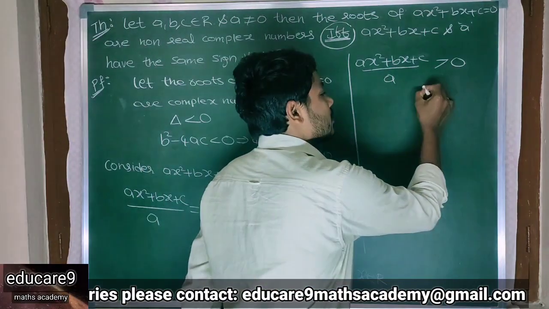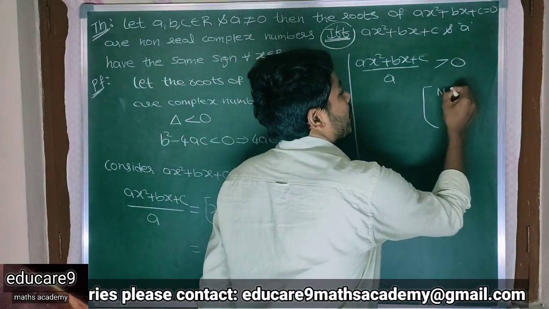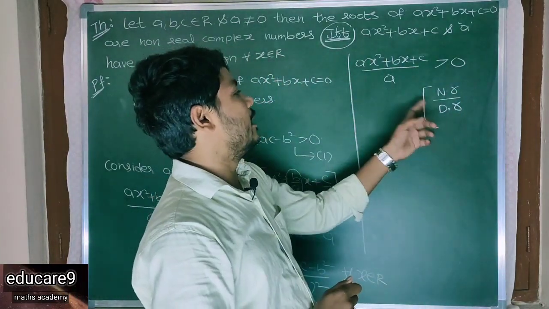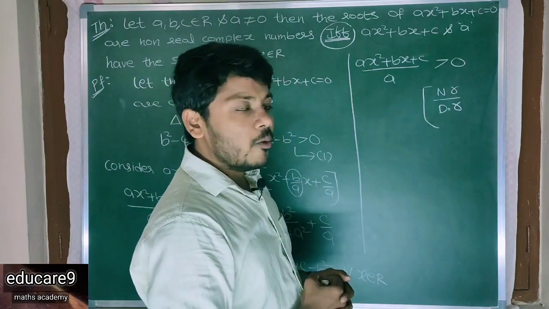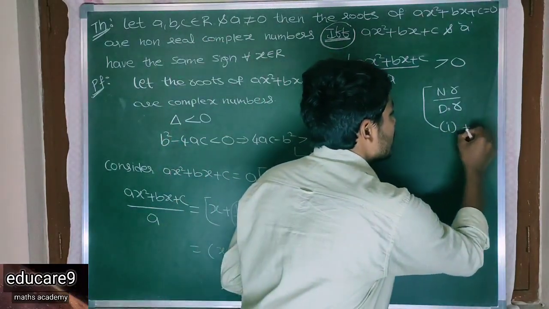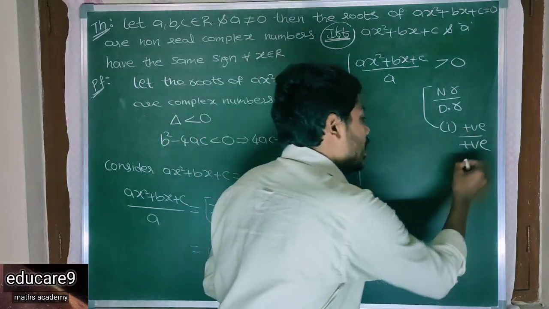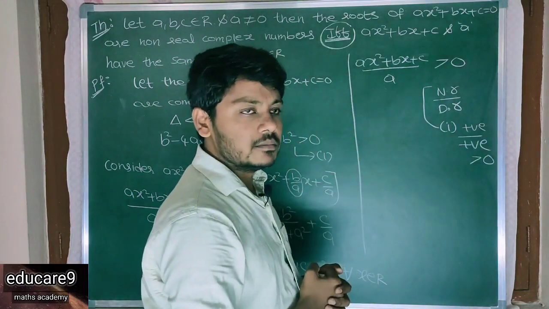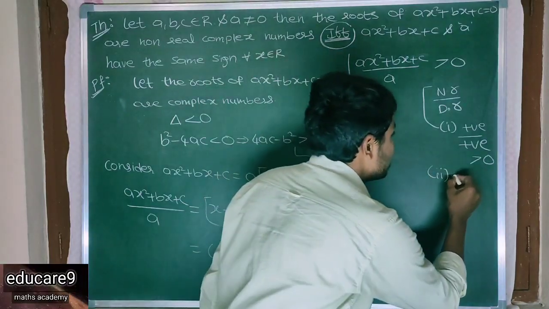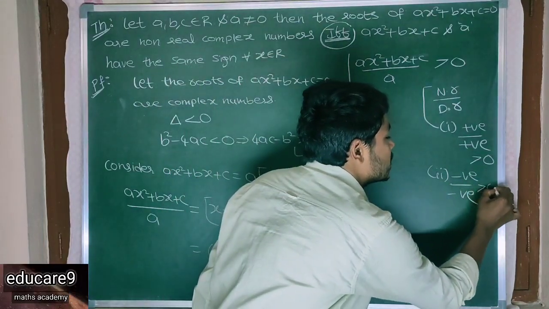See here two possibilities. So first I am writing numerator by denominator. Numerator is ax square plus bx plus c and denominator is a. Now the first case is if numerator is positive and denominator also positive, in that case the outcome is what? Positive. Second case, if numerator is negative and denominator is negative, in that case also you get a positive sign.